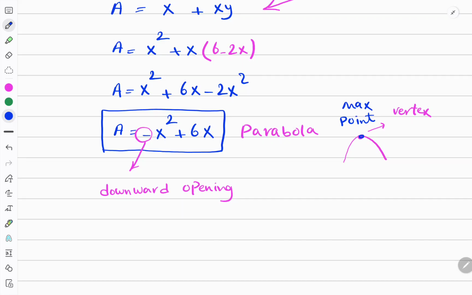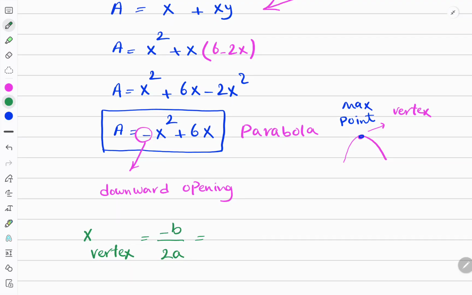So in order to find the maximum area, we just need to find the x and y coordinates of this maximum point, the vertex. In previous sessions I talked about the formula that we can use to find the x coordinate of the vertex directly, and the formula is: x of the vertex is negative b over 2a.